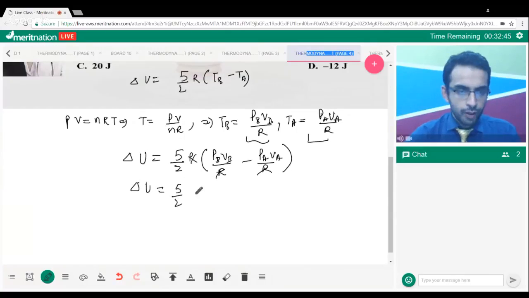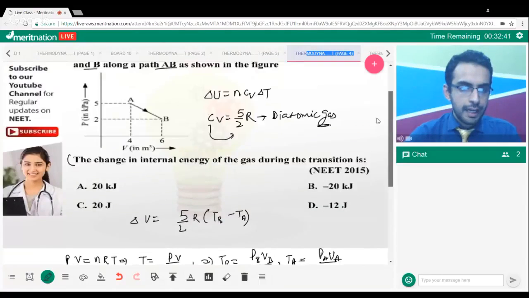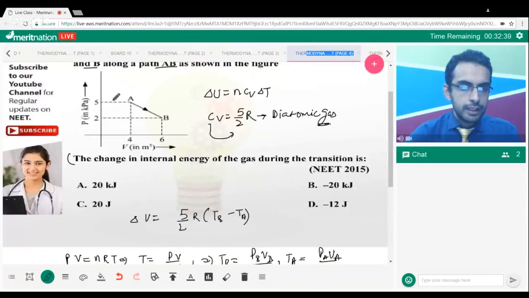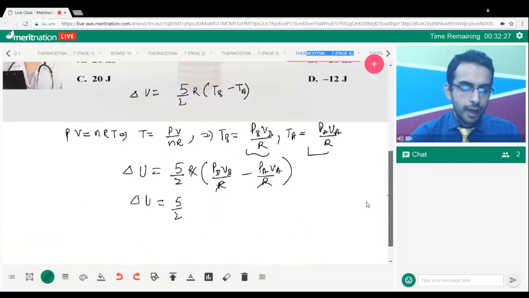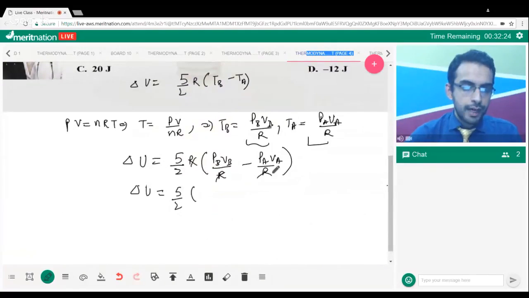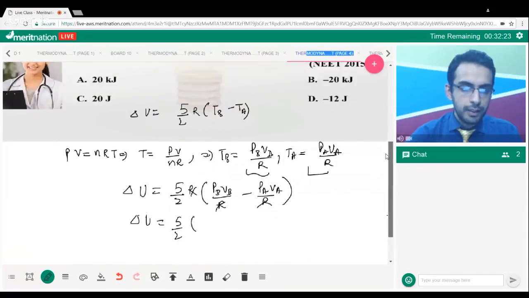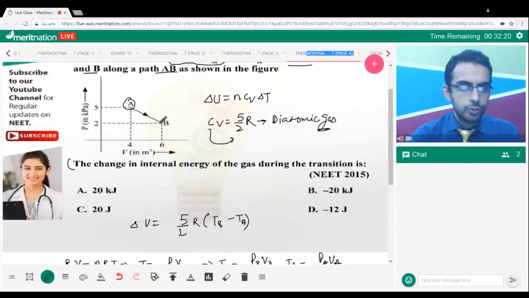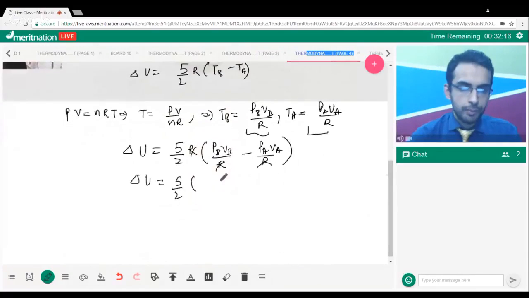5 by 2. Now what is the value of PB VB? From the graph we can catch the value. You see for A it's 5 into 10 raised to power 3 Pascal, and volume is 4 meter cube. So for PB, pressure is 2 into 10 raised to power 3 Pascal, and volume is 6 meter cube.